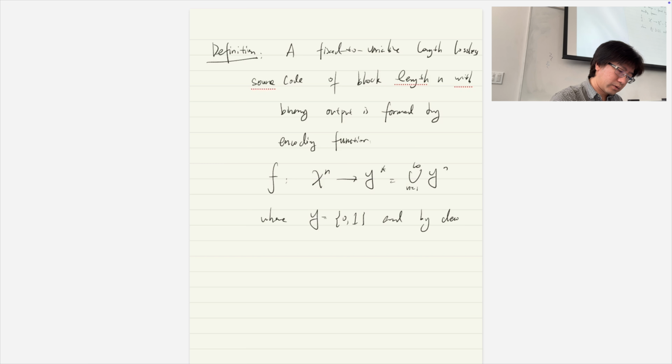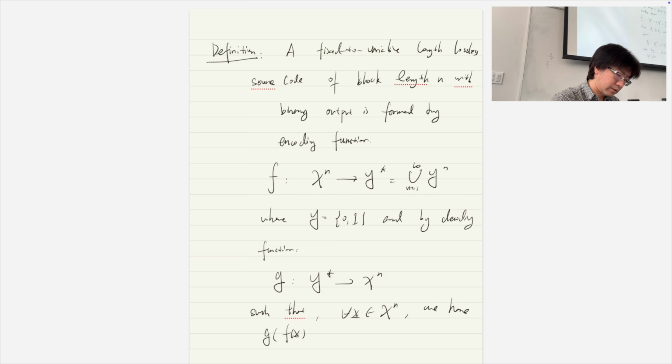And by decoding function, g, we mean a function that maps from Y* to X^n, such that for all x in X^n, our decoding function g(f(x)) equals x.